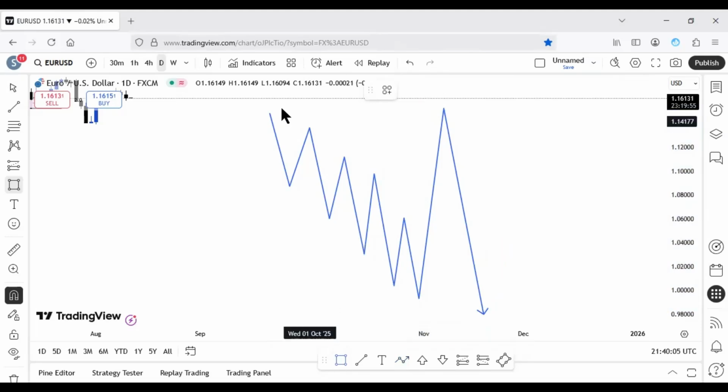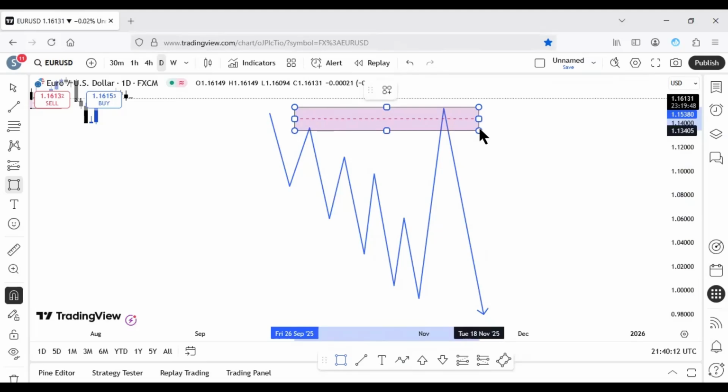And then we have that is the order block.